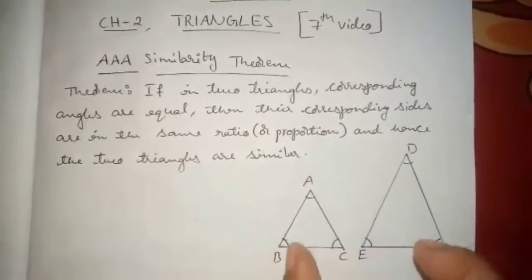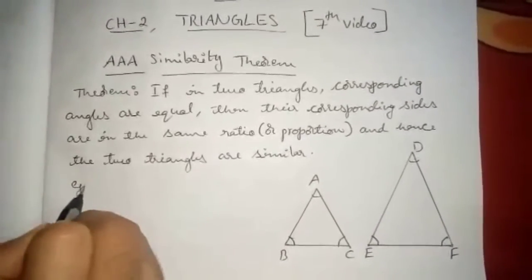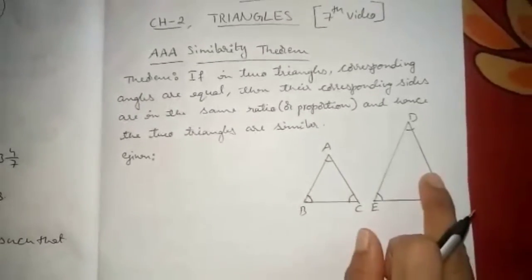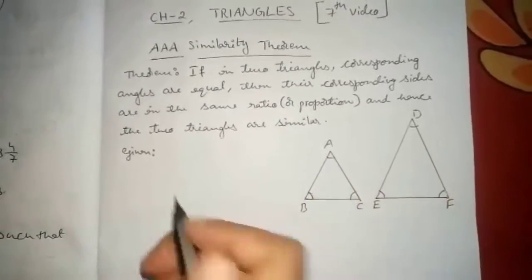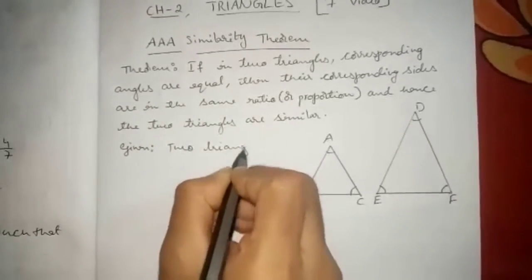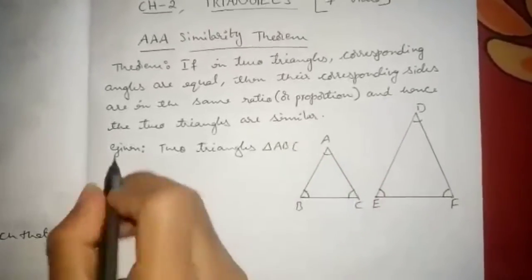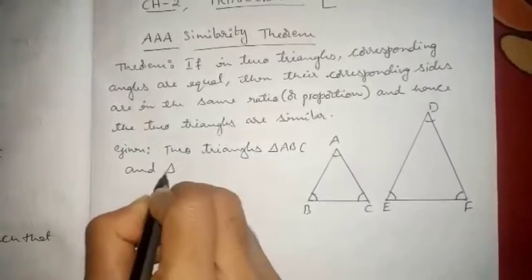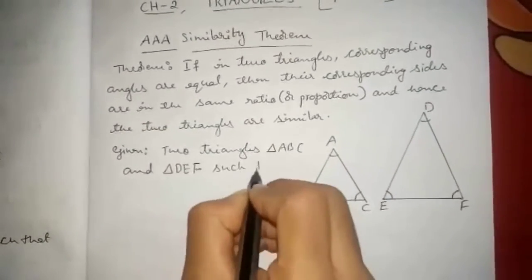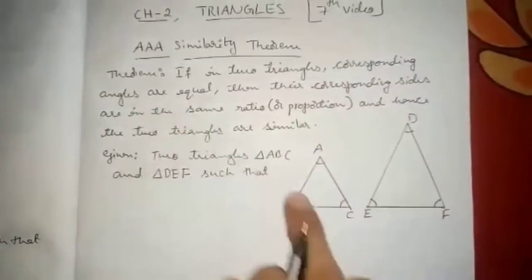So you have to prove these two triangles are similar. First we'll write what is given. What is given? Two triangles ABC and DEF, such that corresponding angles are equal, right?